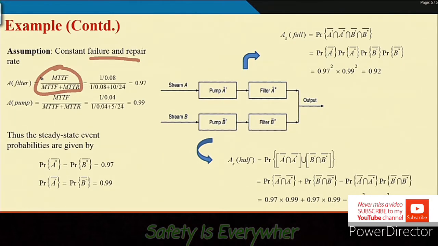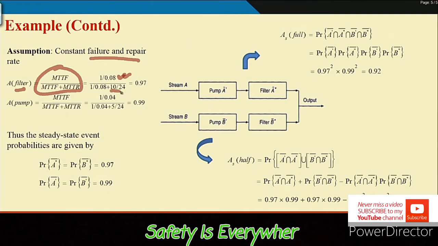Now, what is the mean time to failure for filter? The filter failure rate is 0.08 per day. Then 1 by that rate will give you the mean time to failure, and the mean time to repair is 10 hours, and there are 24 hours a day.